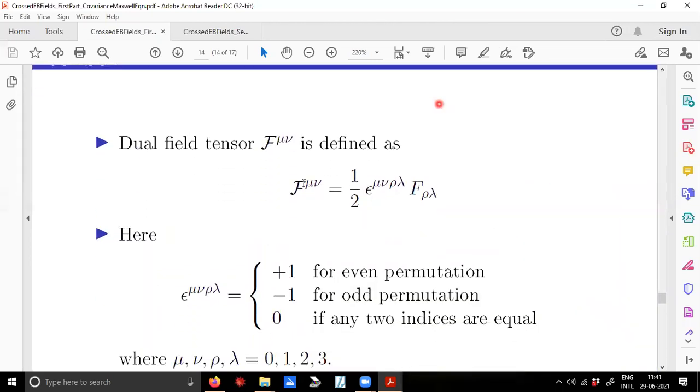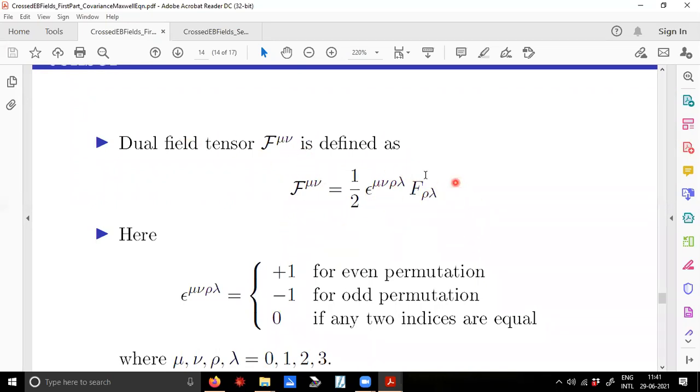So now I also define one more quantity that is called a dual tensor. So a dual tensor, curly F mu nu, I define it in terms of what are called Levi-Civita symbols of four indices. You know the Levi-Civita symbol epsilon ijk, but down. But now I have to define contravariant Levi-Civita, covariant Levi-Civita, mixed Levi-Civita, all that comes.